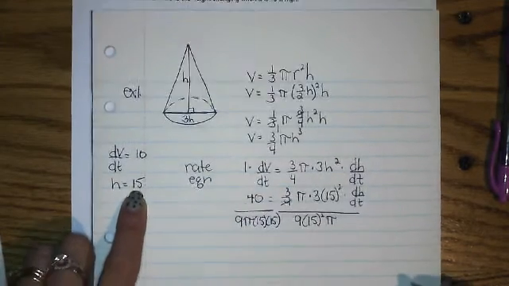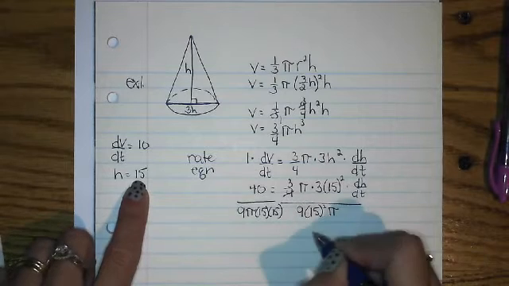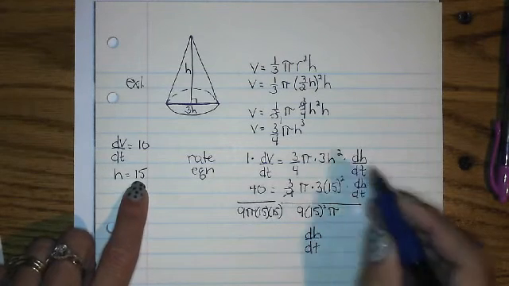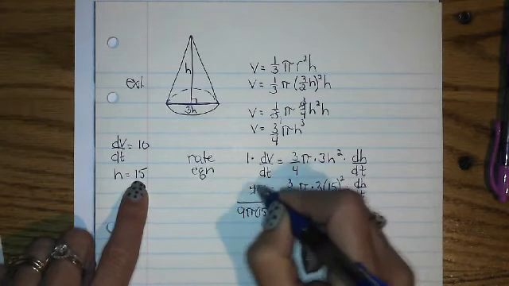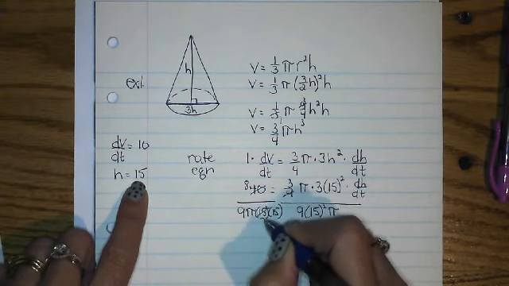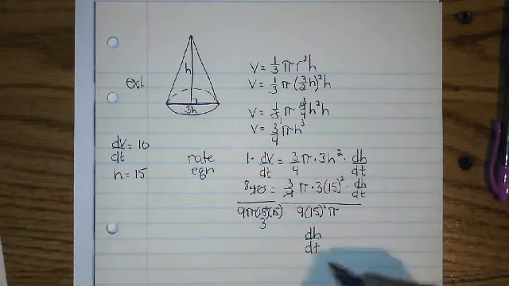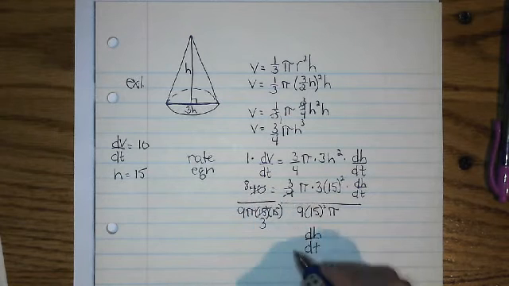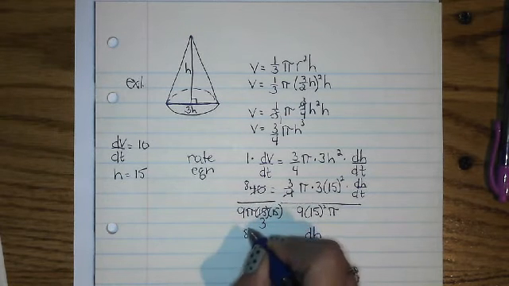If I break it all apart, I don't have a calculator here, so that will leave me with dh dt. Let's see, 5 goes into here 8 and into here 3. And that's about all the simplifying I'm going to get.